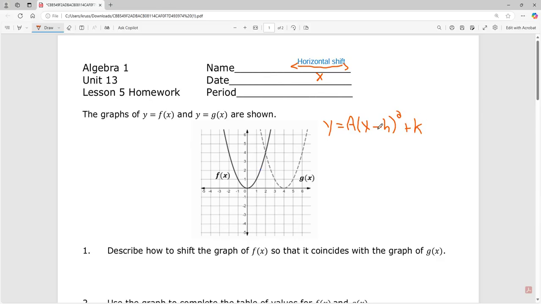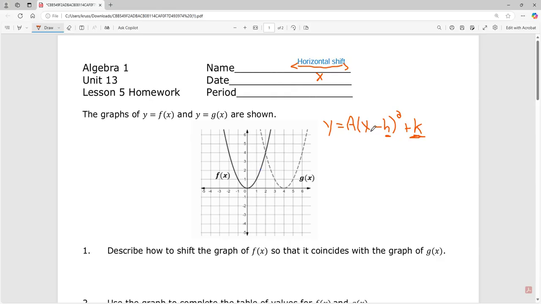And remember, this minus means you take the opposite of what your x value is to make this whole term 0 to figure out what your x-intercept was, or what your vertex is. So this is the x value of your vertex, and this is the y value of your vertex. And you remember you have to swap the sign for this one.